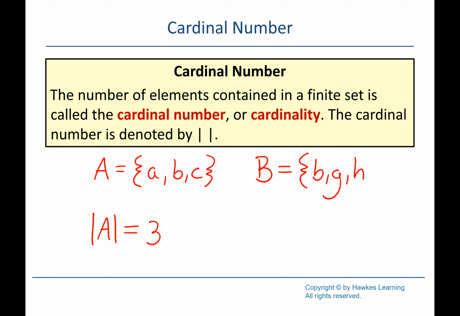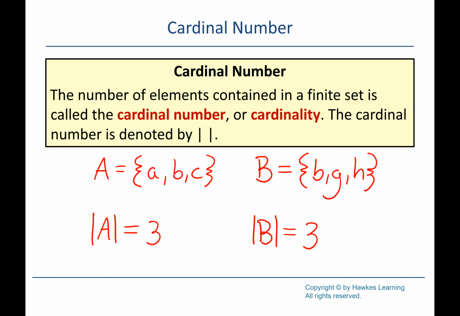What would the cardinal number of set B equal? That one's still 3. So it doesn't matter what's in there. It's just how many of them do you have?